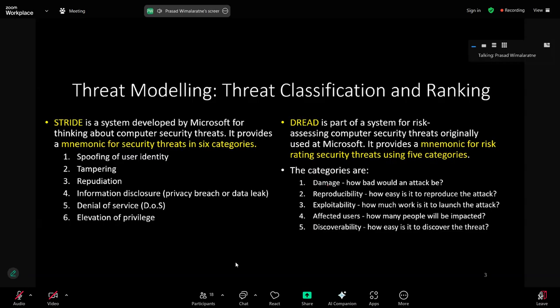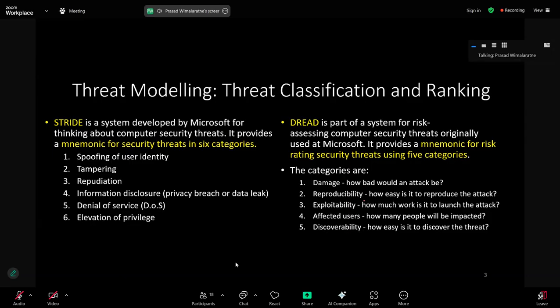So we are assessing and ranking damage, how bad it is, whether it's going to create some critical damage to the system if somebody exploits a particular threat in the basket we have on the left-hand side. We pick one of them and we can assign ranks on a scale like a Likert scale. We can say, on a scale of 5, for example, damage potential is 1 or 5 or 3.